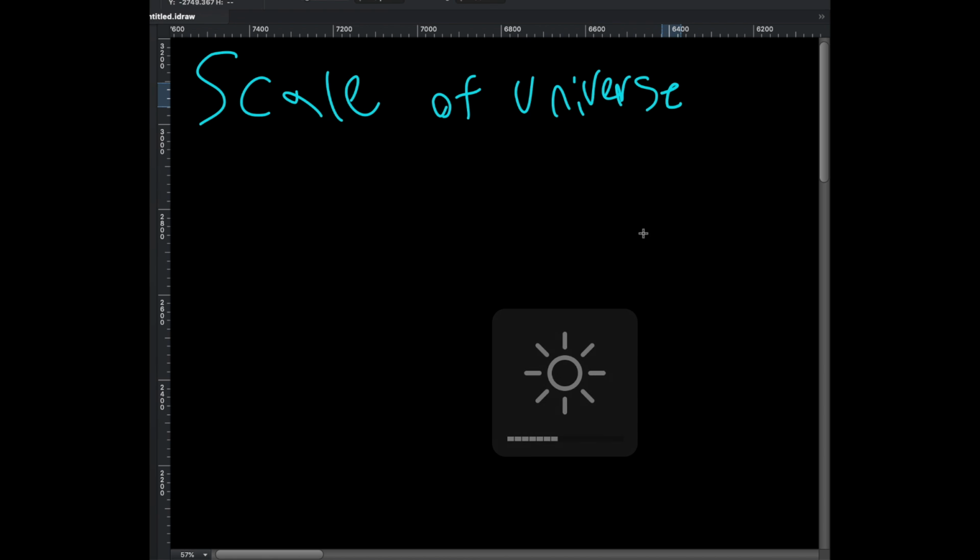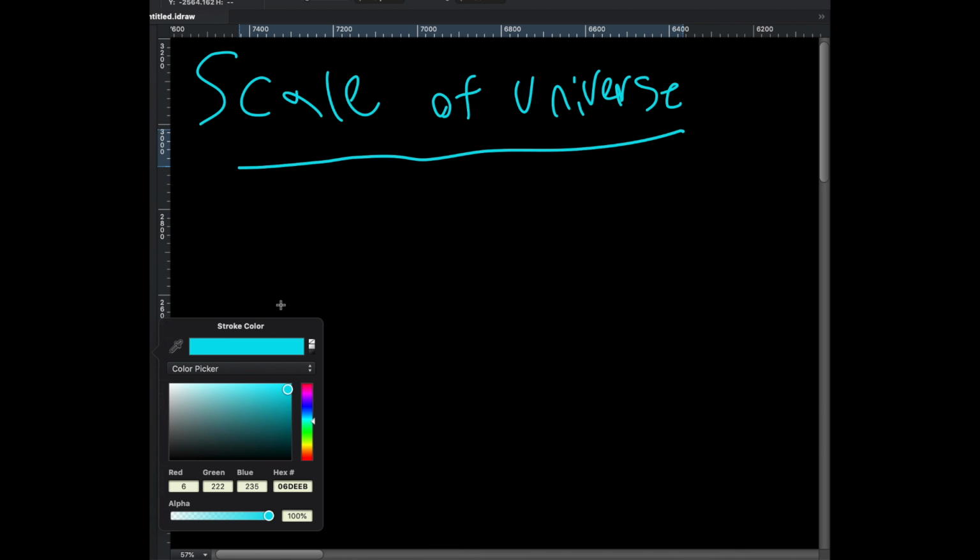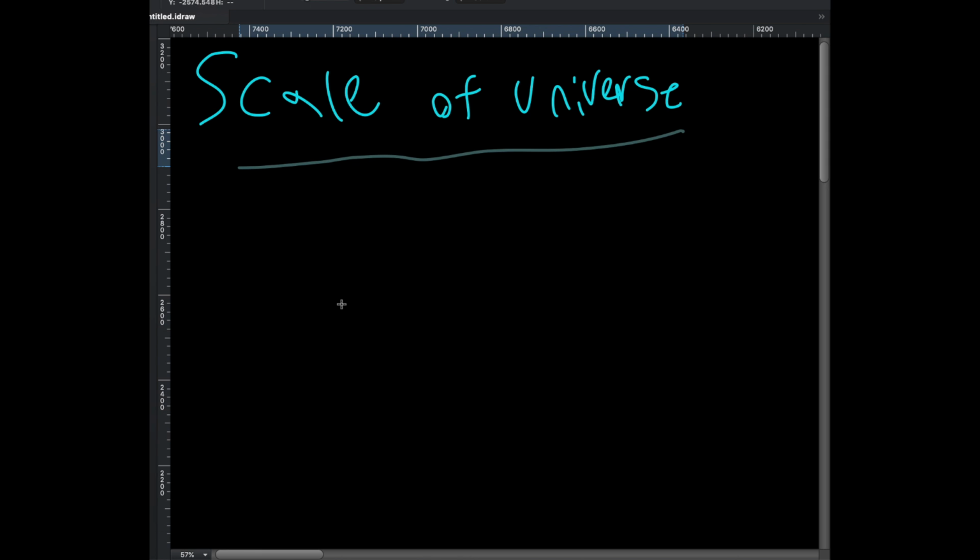Let me just turn down the brightness a little. Okay, so the scale of the universe. Underline it. Okay, so the scale of the universe. It's gonna turn down, there we go. The scale of the universe.